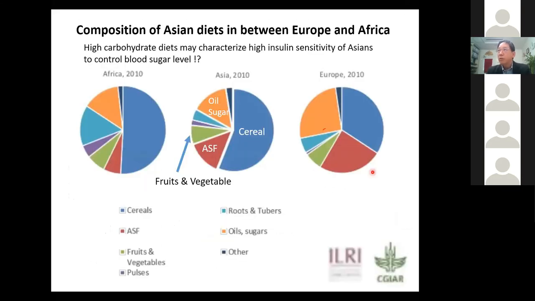And also the diet type increases the risk of T2D for Asian people because we eat a basal carbon source. Our carbon source comes from rice, and rice, as you know, has a high glycemic index.